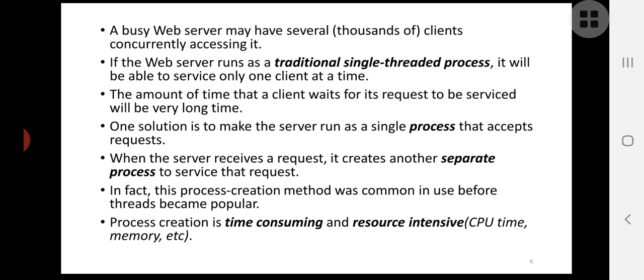It means that when the server receives a request, one particular process is created which is completely dedicated to receiving requests from the clients. After receiving multiple requests, for each and every request it will create a separate process to service those requests. In fact, this process creation method was very popular when there was no concept of threads. But nowadays, once the threads concept has come, the process creation method was stopped.